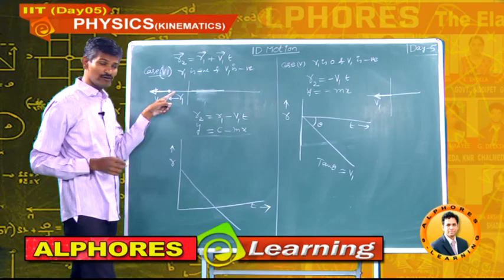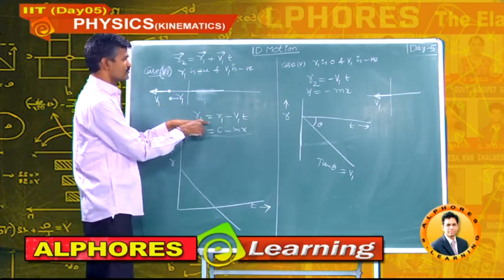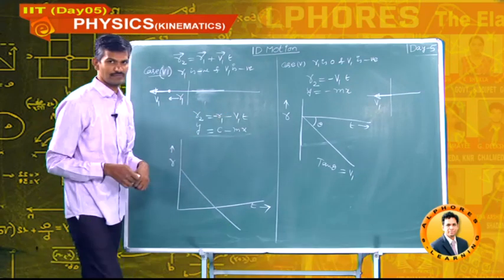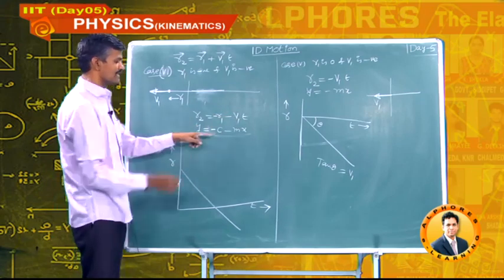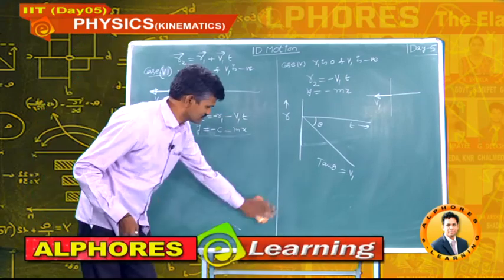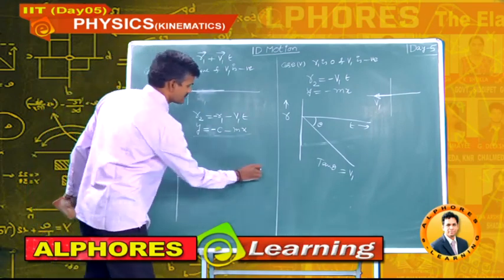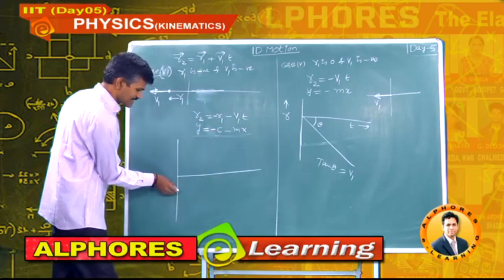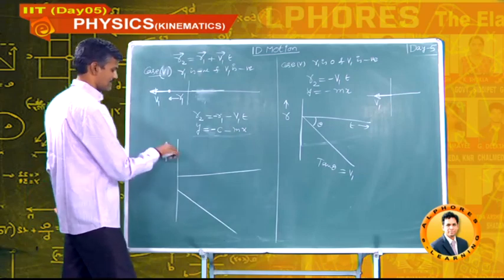Then R2 becomes minus R1 minus V1 into t. So, then you will get a graph with y equal to minus c minus mx. Then what is the nature of the graph? This is minus c minus mx. So, this graph is like this. This is position R and this is time.